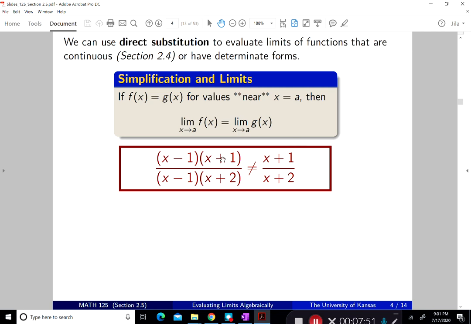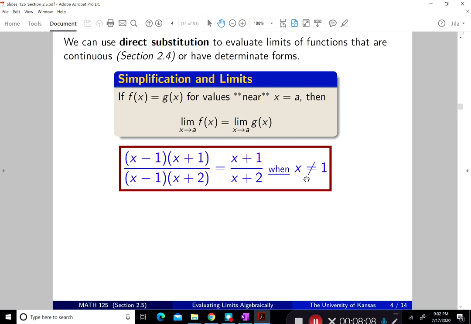We cannot just write these two are equal to each other, even though x minus 1 and x minus 1 can simplify from top and bottom, and we end up with that. Why can we not write it like this? Because we haven't specified the domain.